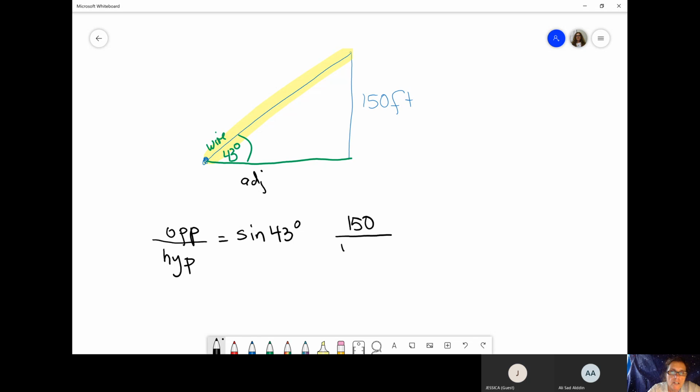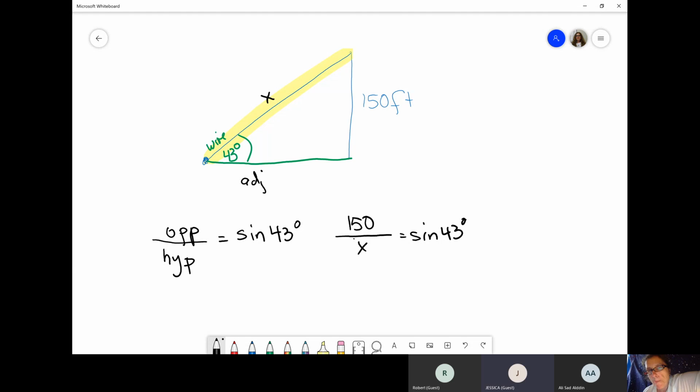So 150 over the wire, let's call it x, is equal to the sine of 43 degrees. Now, how do you find x?